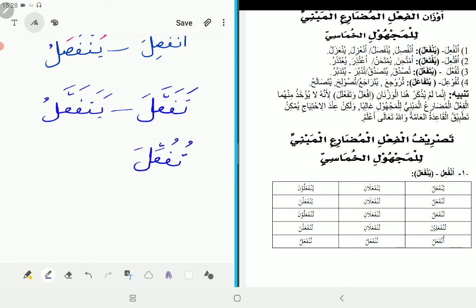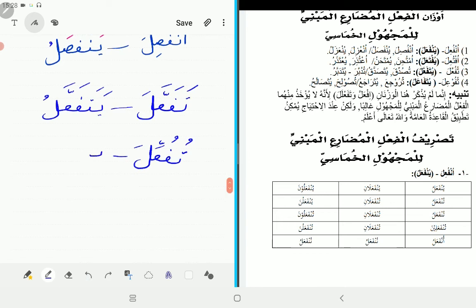تفعل، تعلم، تزوج. Now come to the mudari, where we are now. The mudari majhul, present tense passive voice. You will say, so it's a haraka.